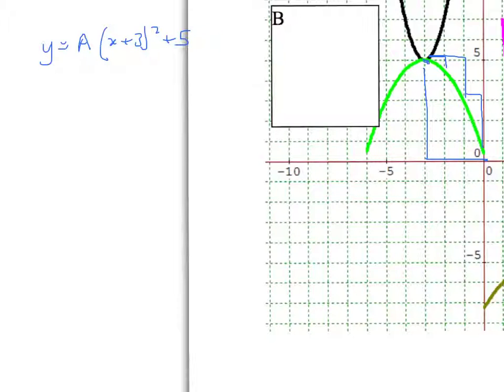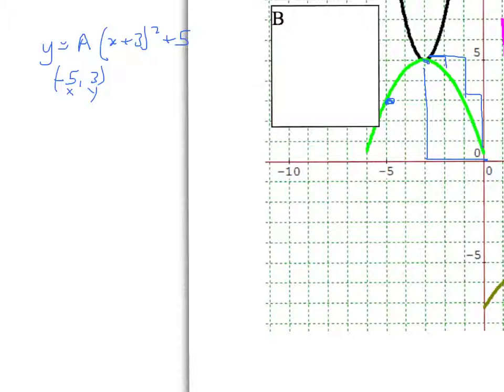And I need to put that point in order to find A. So I find a coordinate point. I could choose any. There's a good one there, right on the cross. That's -5, 3 is an xy point. This is my x, that's my y.